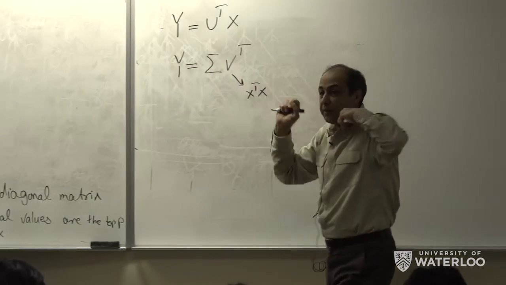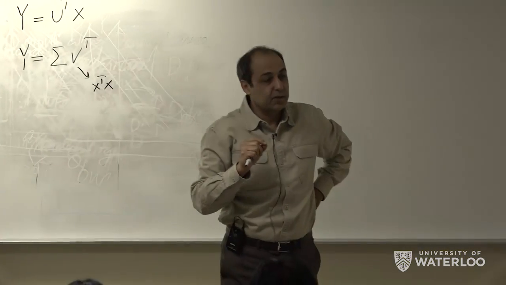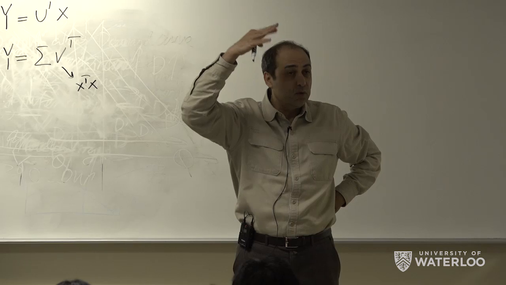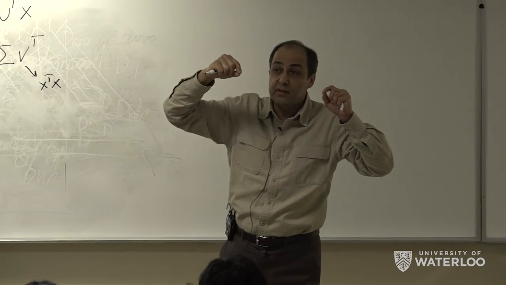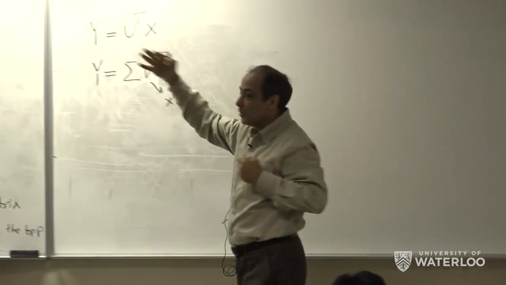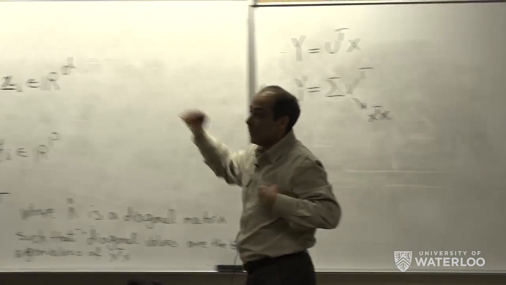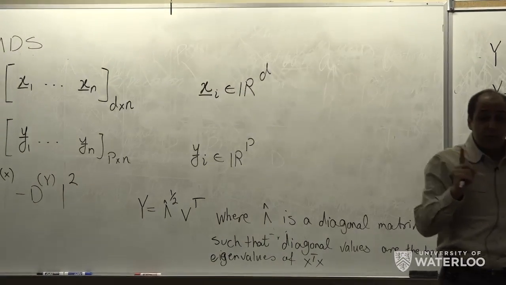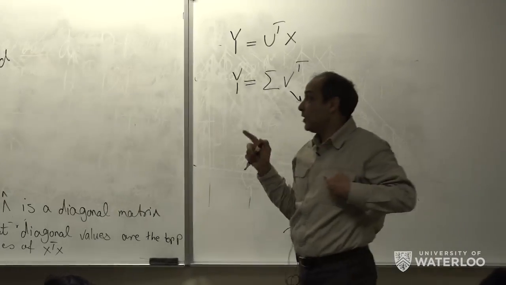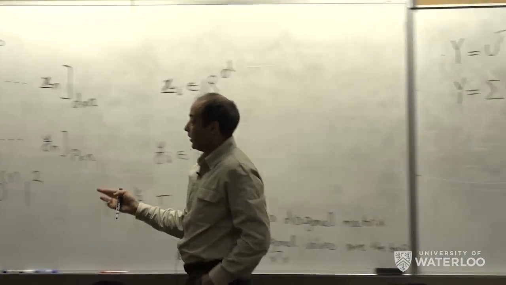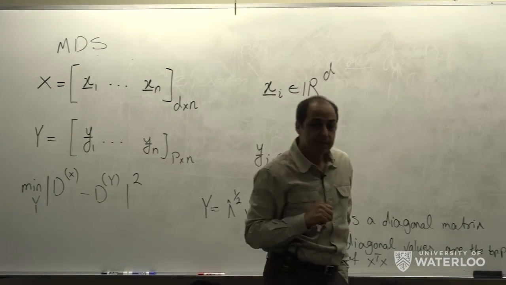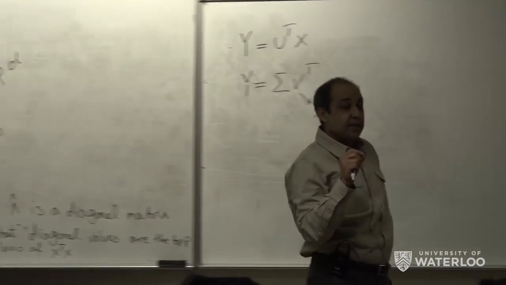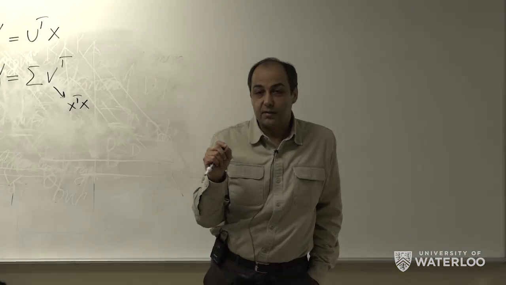So PCA preserves pairwise distances. If you want to go from dimension 10 to 2, and your concern is to preserve pairwise distances as much as possible, then your solution is PCA or MDS. But the solution is PCA as long as this distance is Euclidean distance. So MDS, in a sense, is more general.